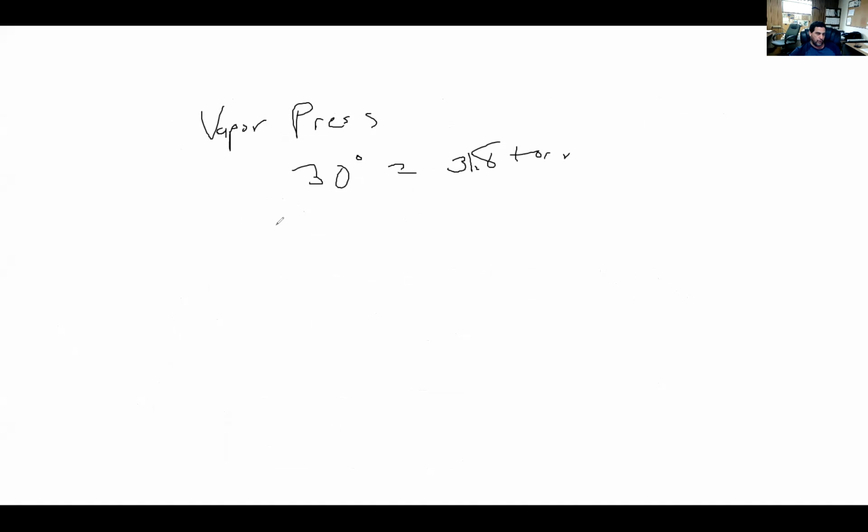So if you have your two pressures, it's just the 21 related to the 31.8, which is the saturated vapor pressure. So it's just a ratio.